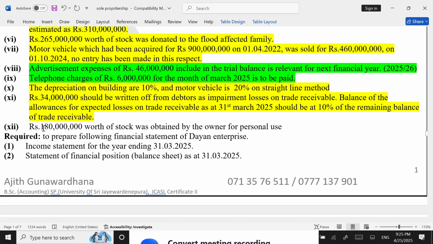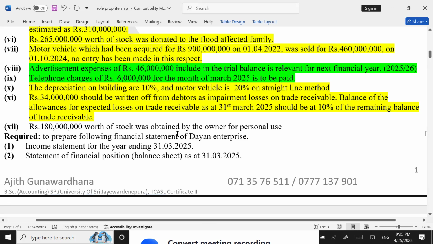If it is given in the trial balance, the total value should be deducted under equity, but under cost of sales calculation only the value available in the adjustment should be deducted. In this example, drawings is not given in the trial balance, only in the adjustment.